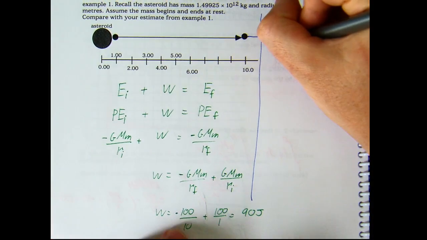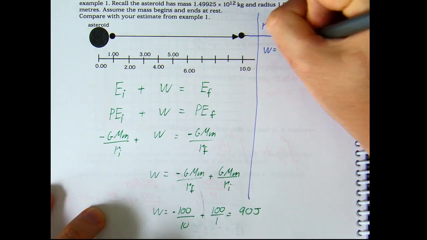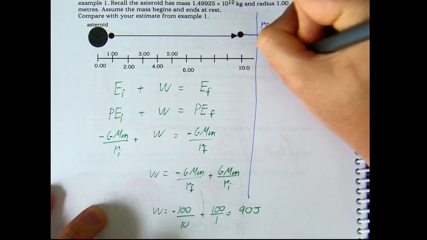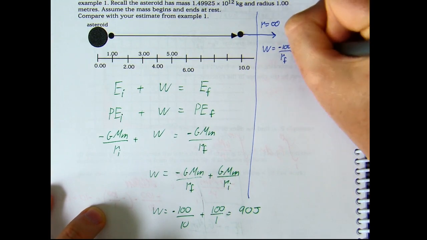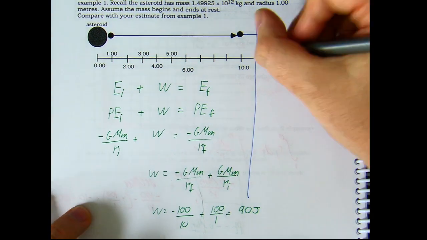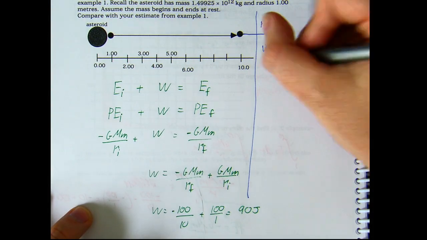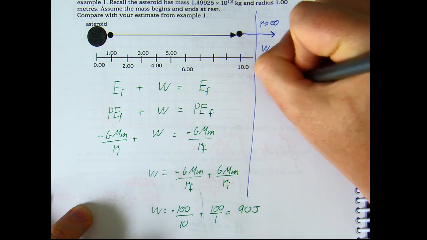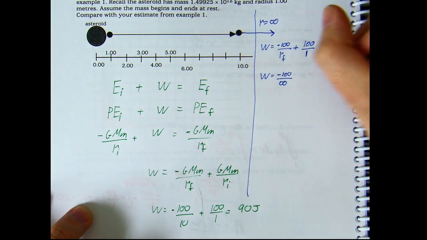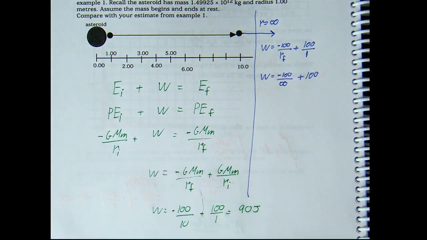Work equals negative 100 over r final plus 100 over 1. Now if I start plugging things in, we get work equals negative 100 over infinity plus 100. Now what is negative 100 over infinity?